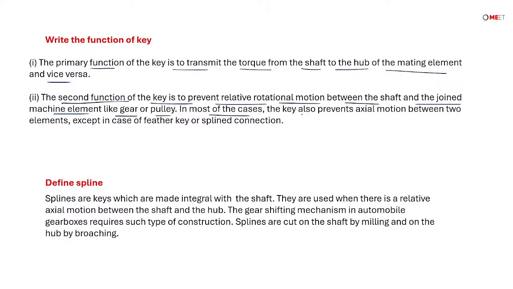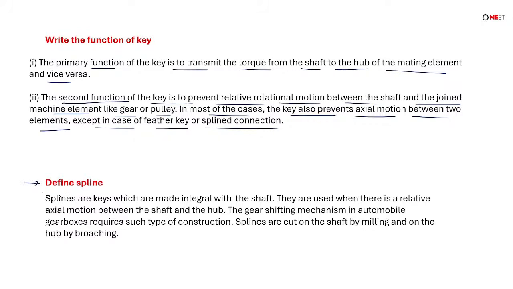In most cases, the key also prevents axial motion between the two elements, except in the case of the feather key and splined connection. So basically the purpose of the key is to make the shaft and gear or pulley an integral part, or a single body.